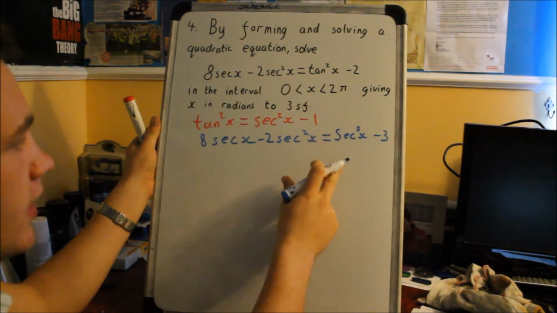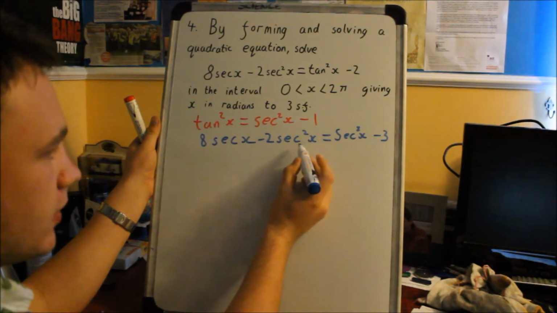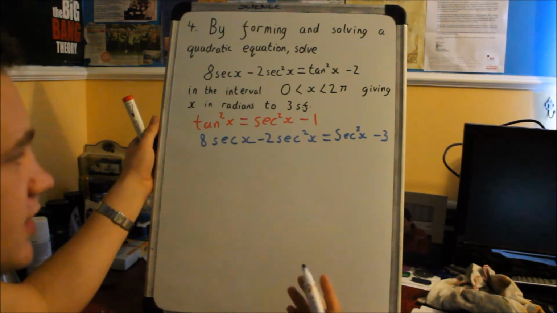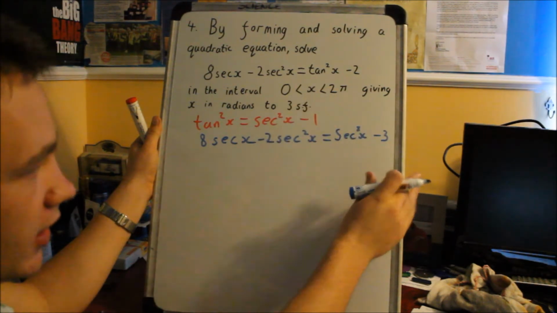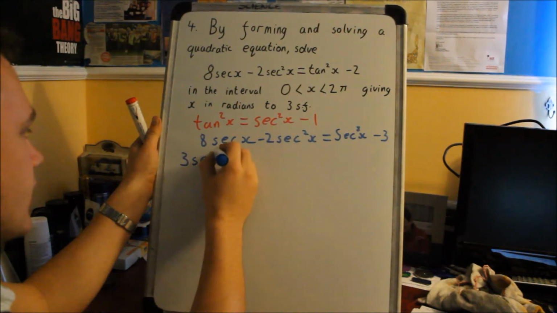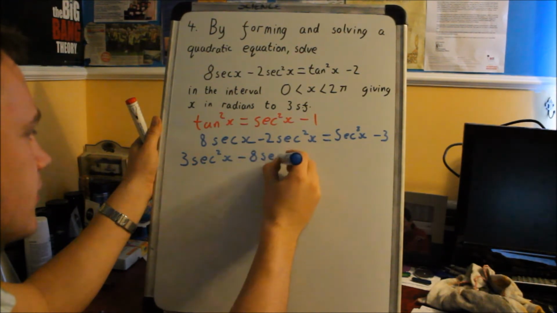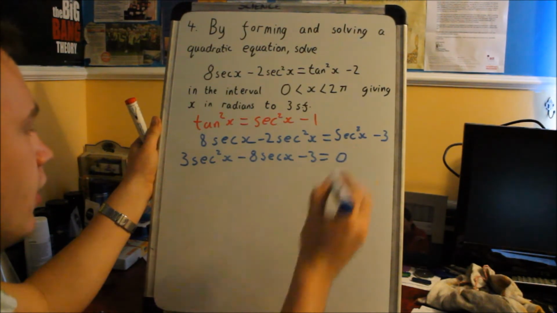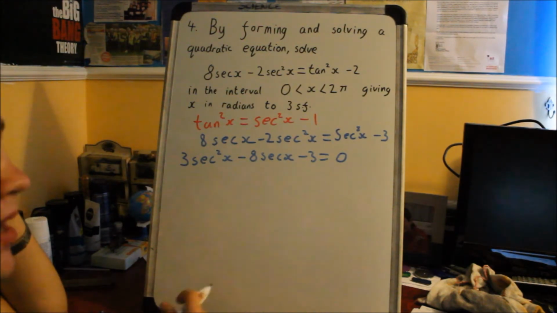I think more sense would be to take the minus 2 sec squared over to that side, so we want a positive amount of sec squared, because then it's easy to deal with. When you take the 8 sec x and the minus 2 sec squared over to that side and equate it to 0, we get 3 sec squared x minus 8 sec x minus 3 = 0.